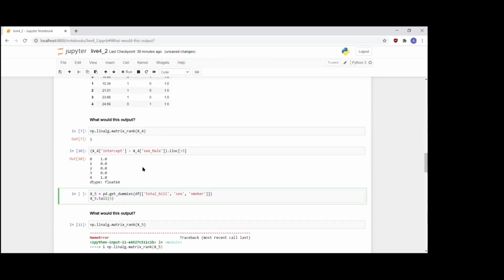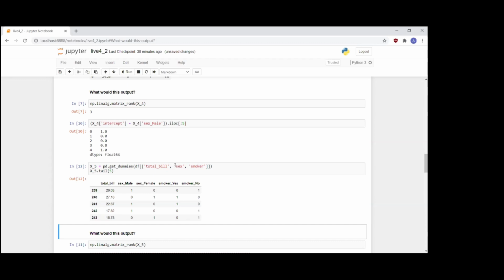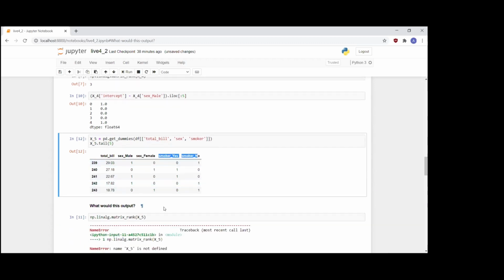So as another example, we can also one-hot encode the sex column and the smoker column. What is the rank if I one-hot encode both of them but don't include an intercept term? There are 5 columns here.